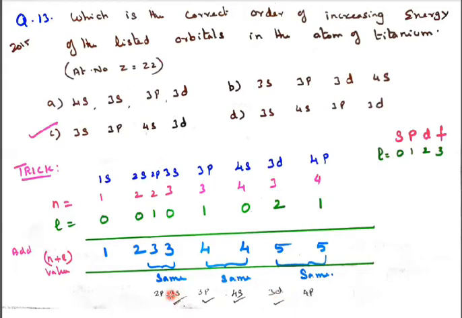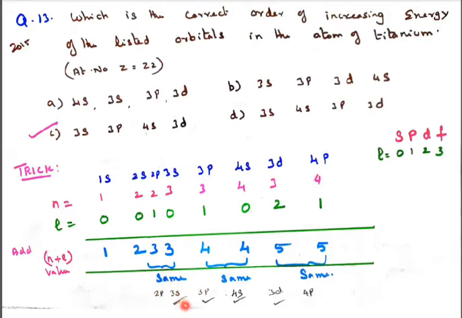Here I have written everything: 2p, 3s, 3p, 4s, 3d, 4p. So 4p has 5 and 3d has 5, 4s has 4 and 3p has the same 4, 3s has 3 and 2p also has the same 3.